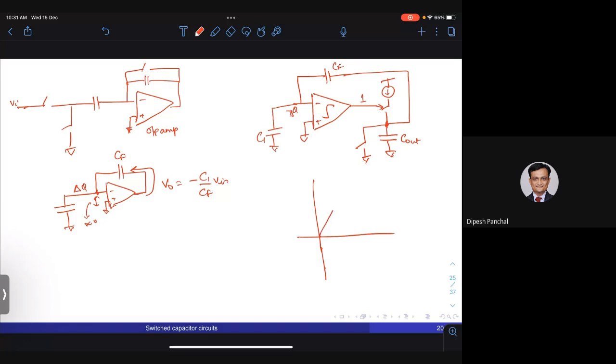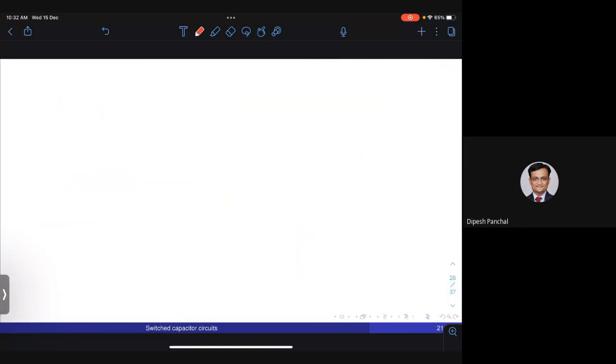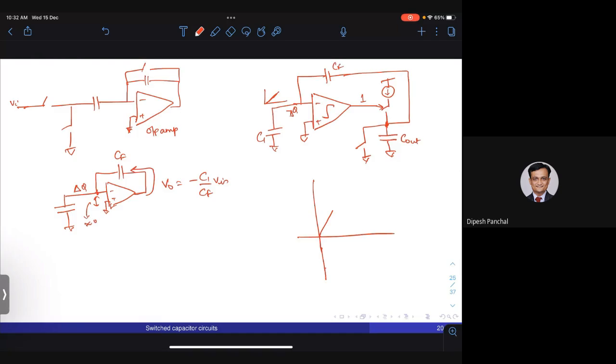As the output starts charging upwards, this voltage will also start ramping up, by the ratio of C1 and CF, by that impedance ratio. So this also will start charging upwards. At some point, V minus will become greater than V plus. At that instant, the switch turns off.